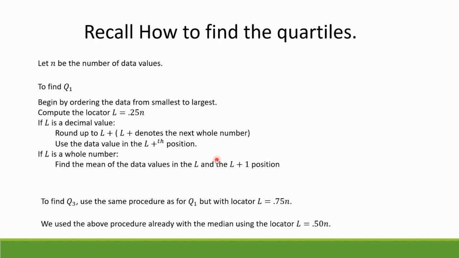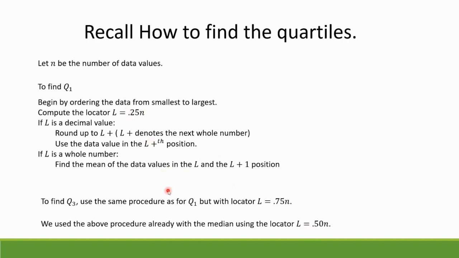The smallest data value would be the first position. So you would get the data in the 4th and 5th position, and you get their average, which is the mean. For Q3, it's the same calculation. The only difference is that here, you have 0.75 times N.